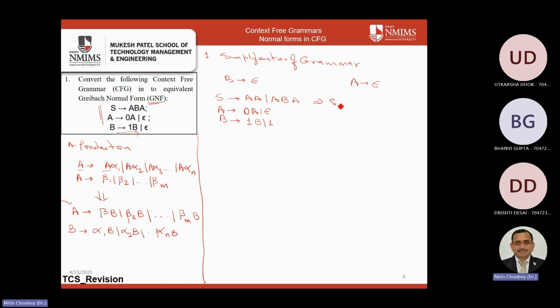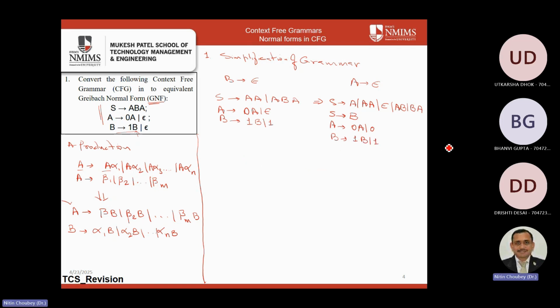From here we will have S gives a single A | B, and with A replaced with epsilon we get S gives epsilon | AB | BA | B. Next is A gives 0A | 0, and as usual B gives 1B | 1.